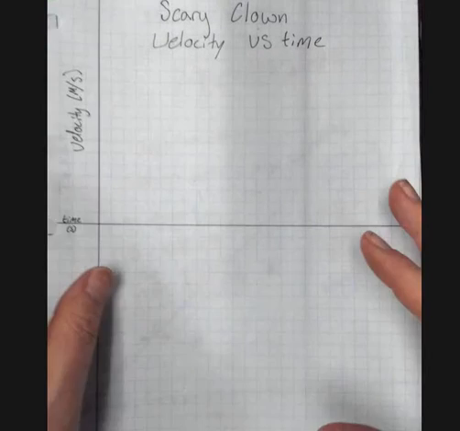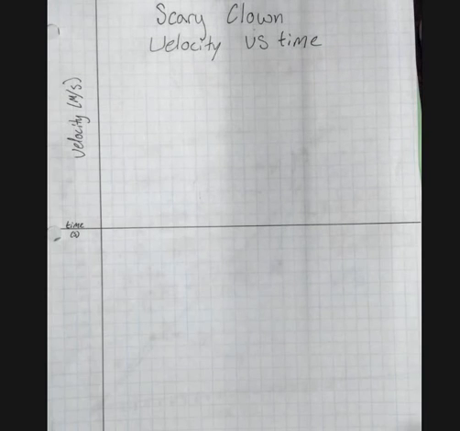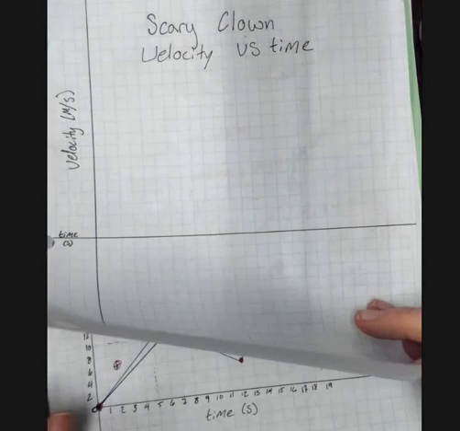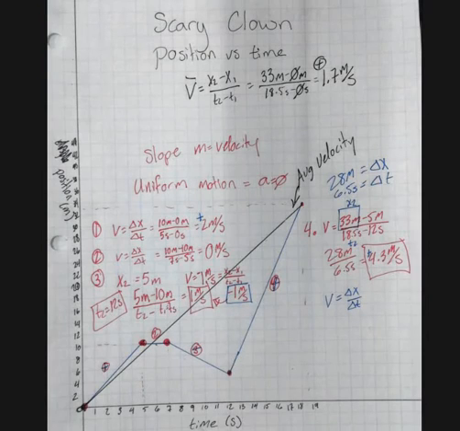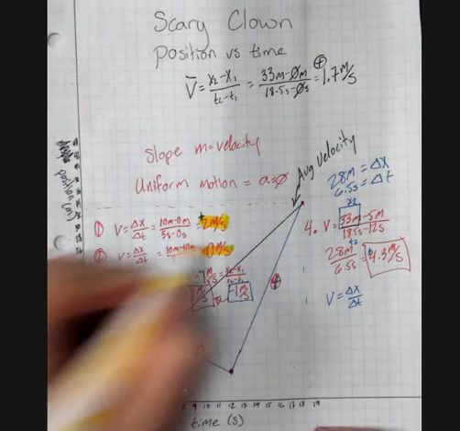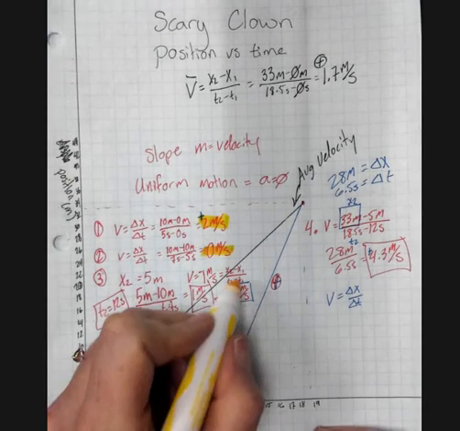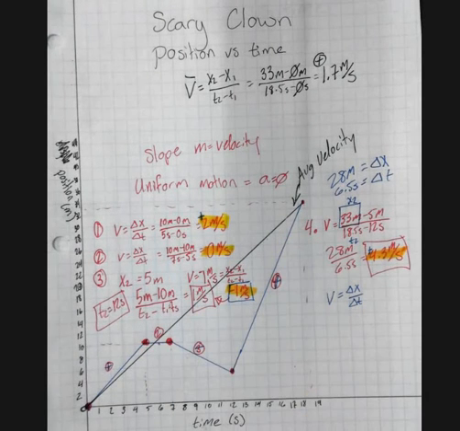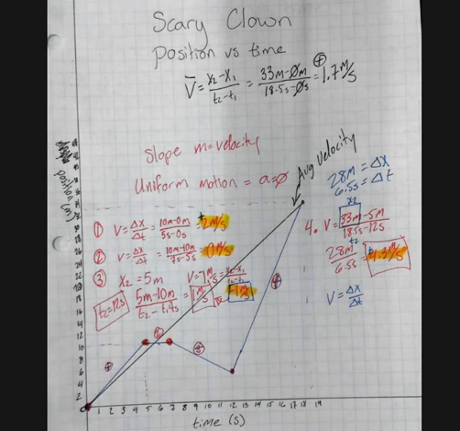All right? And you're going to notice that we actually went through and we calculated the velocity of each situation already. All right? So situation number 1 was 2 meters per second. Situation number 2, 0 meters per second. Situation number 3, negative 1 meters per second. Situation number 4, 4.3 meters per second. This is all happening over the exact same time interval.